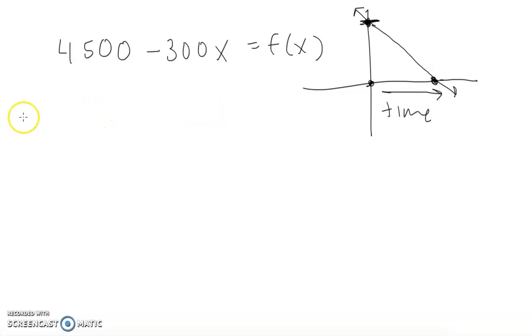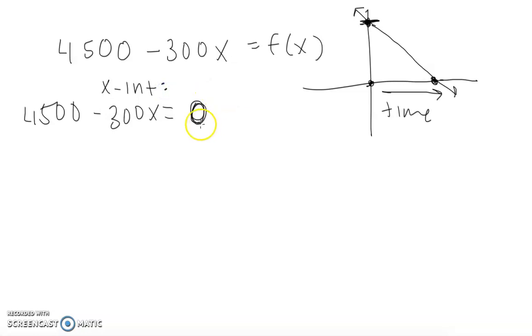Okay, so 4,500 minus 300x is equal to 0, because we are finding the x-intercept, which means the opposite has to be 0. So the y has to be 0. First, I like to keep the number beside x positive, so I'm just going to add 300x to make it positive.